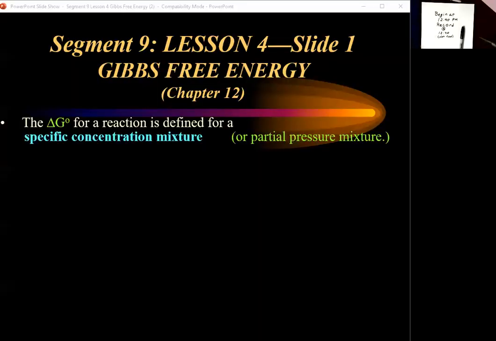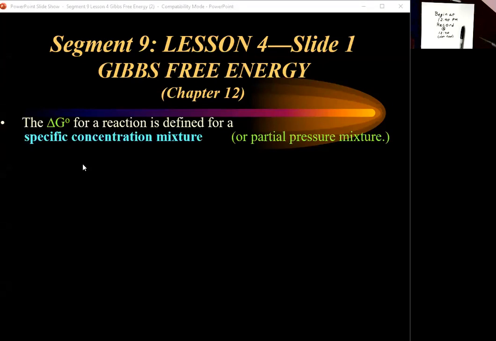This is the second lesson on the Gibbs free energy. We've talked about the standard state Gibbs free energy for a reaction, and we made a very important point that the standard state gives a certain set of partial pressures for each substance in the mixture, and therefore gives concentrations based on mole fraction for everything involved in the reaction.